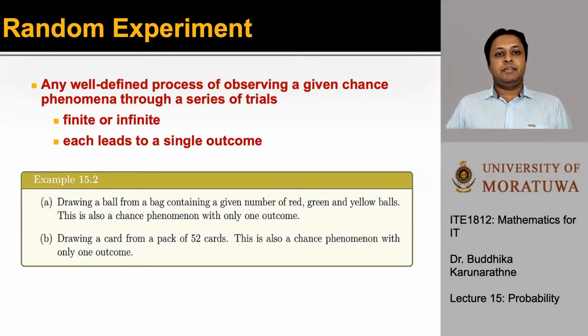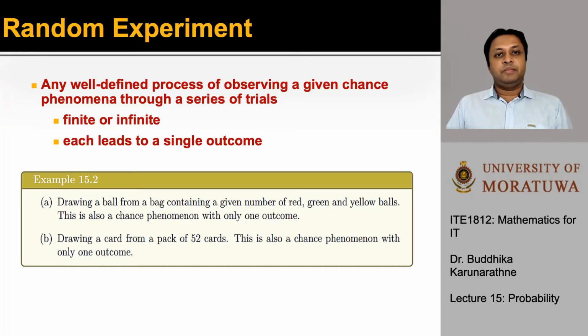The next term is random experiment. This is any well-defined process of observing a given chance phenomenon through a series of trials. This can have a finite or infinite number of trials, each of which leads to a single outcome.